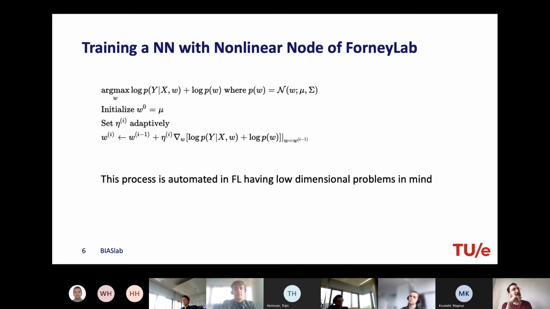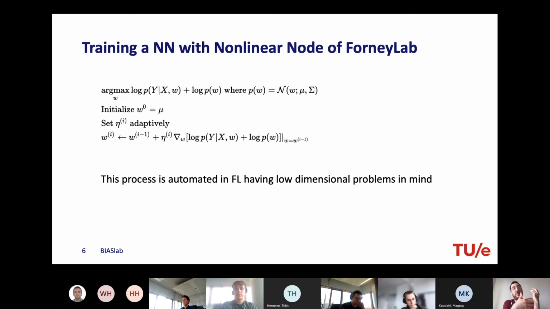This has been designed especially for low-dimensional problems, and it works really nicely in low-dimensional problems. But in neural networks, we will deal with high-dimensional problems. For example, in an experiment I'm going to show, we will try to learn the weights of a neural network, which refers to evaluating a Laplace approximation for 20 dimensions.